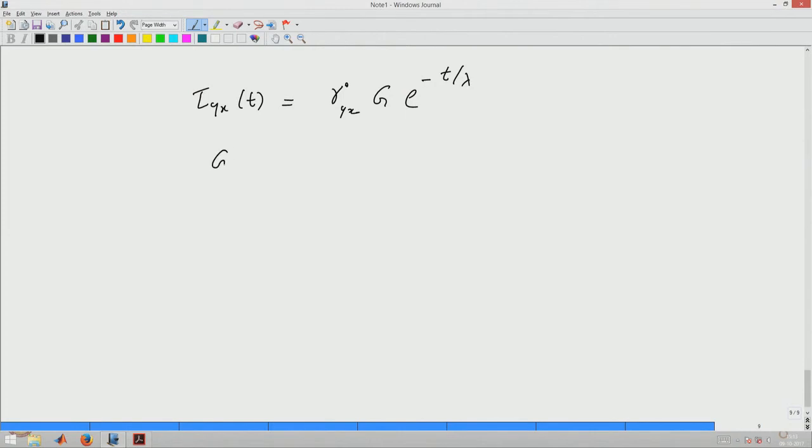So, the relaxation modulus, which is going to be tau yx of time divided by gamma naught yx, is going to be G e to the power minus t by lambda. So, the relaxation modulus does not depend on the input strain, it only depends on time, and this is our definition of what is a linear response, a scaled response.